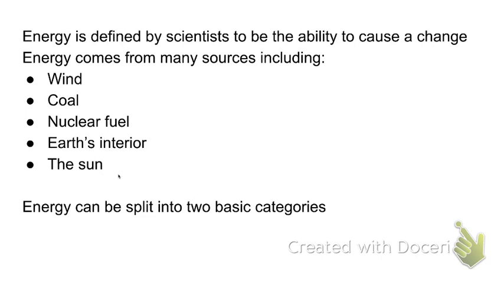And we can split energy from these sources into a couple different categories that we will talk about in just a moment. Okay? So in the lab on Friday, we had a candle, which was burning a fuel source. So like you can consume coal or nuclear fuel to produce energy, you can consume candle wax to produce energy in the form of light and heat.